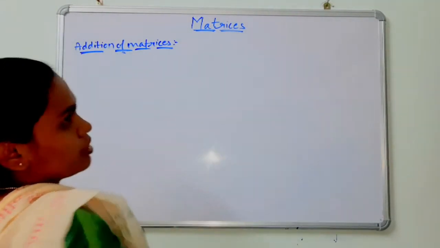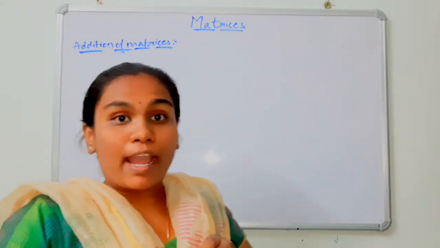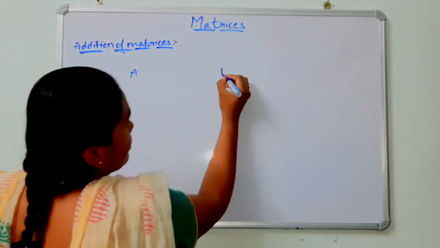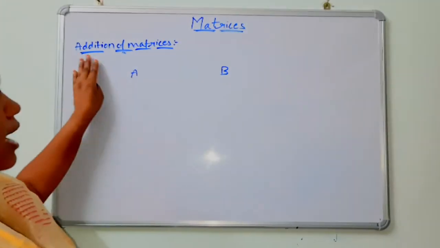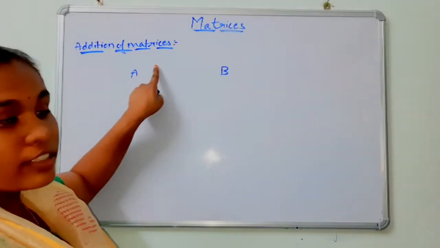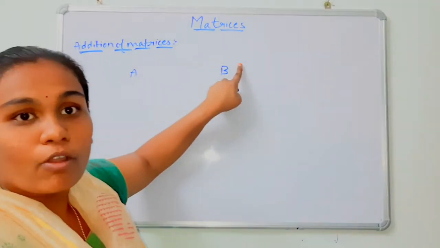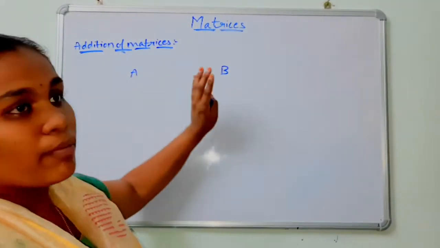Yes, it is possible. How to add two matrices? Let us take a matrix A and a matrix B. Now here, how is the addition of the matrix performed? By adding the first element of the matrix A to the corresponding first element of the matrix B comes the addition of the matrices.